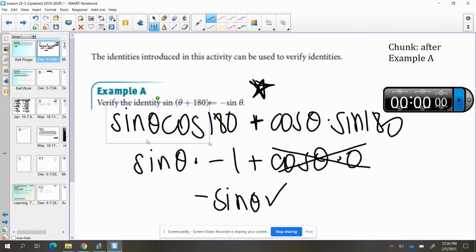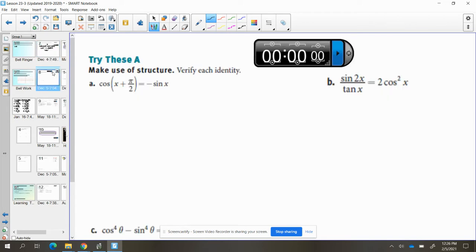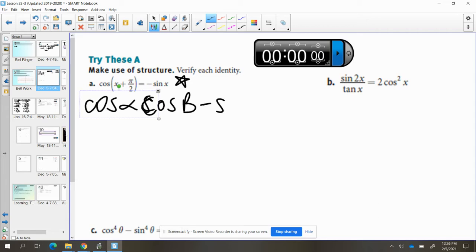Now, looking at the examples below for part A, again, we have a cosine sum, and our goal is to get this side here. So we're going to plug into the cosine formula: cosine alpha times cosine beta minus sine alpha sine beta.